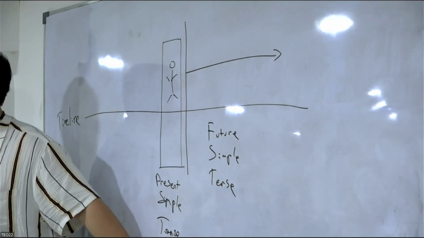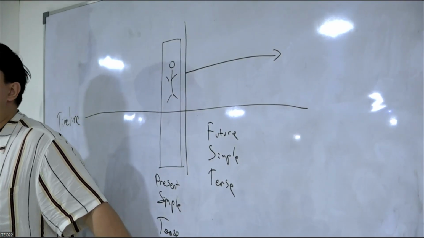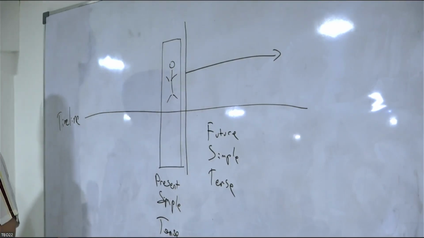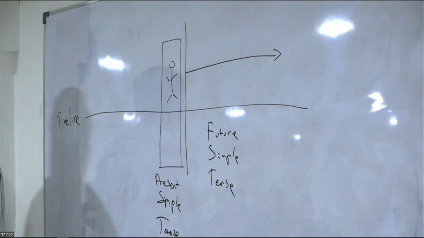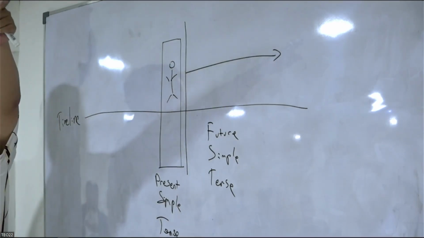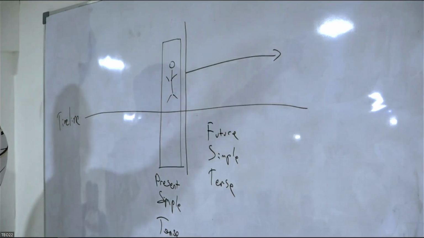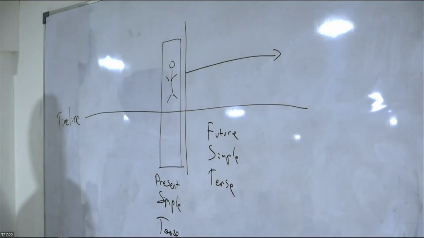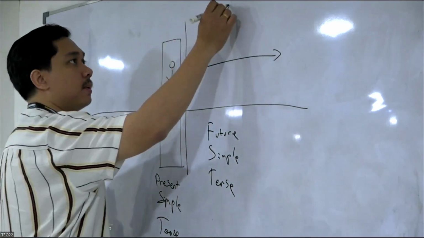Okay. So let's come back here again. A future simple tense is simply things that haven't started at present time, then happen after present time. It can be an assurance.